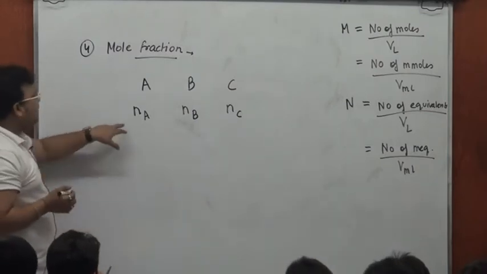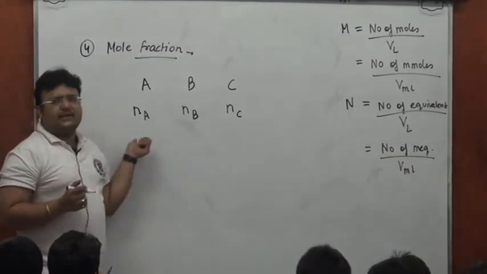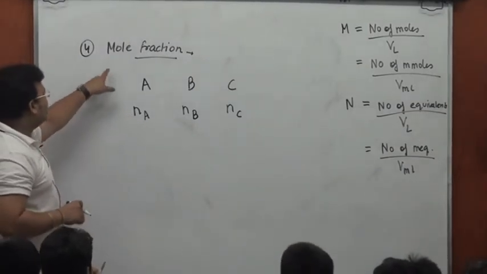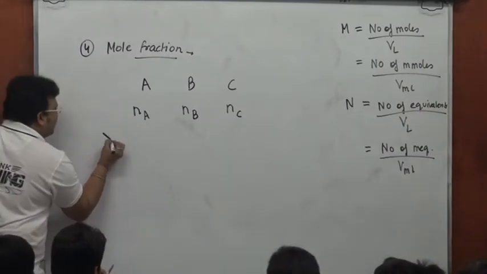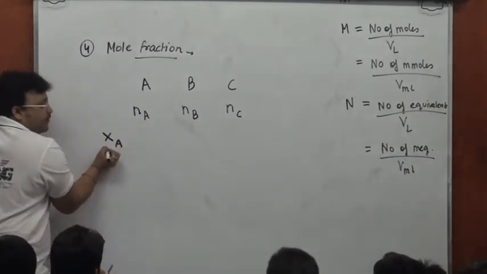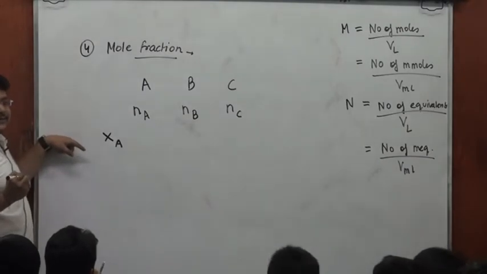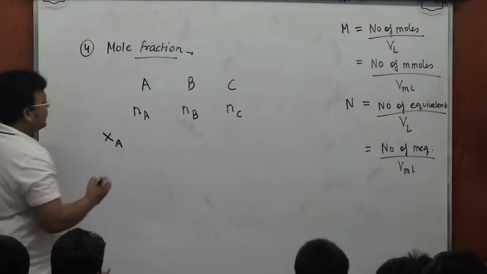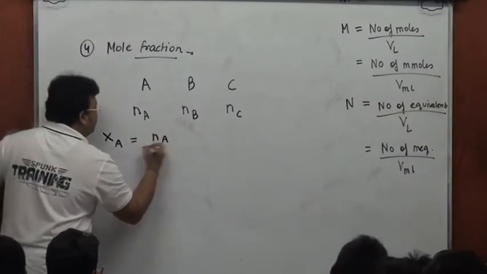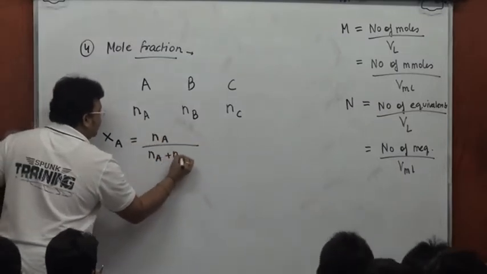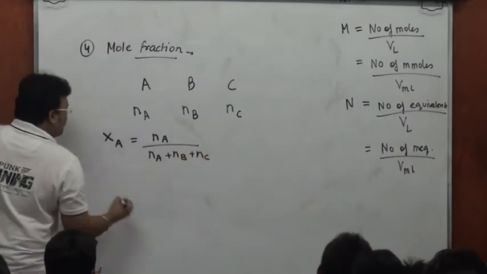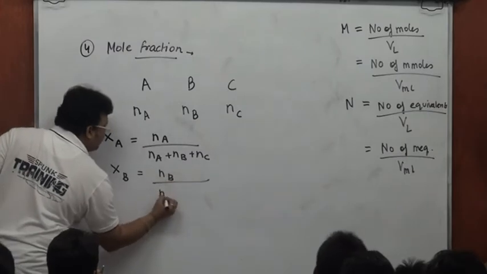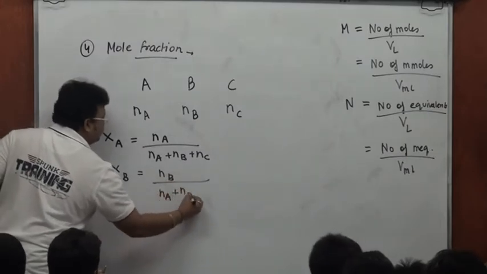Conventionally, when I write Na, Nb, Nc, I mean the number of moles of A, B and C respectively. And conventionally I'm going to represent mole fraction as X, so XA stands for mole fraction of A. Mole fraction of A would be equal to number of moles of A upon total number of moles. Mole fraction of B similarly would be number of moles of B upon total number of moles.